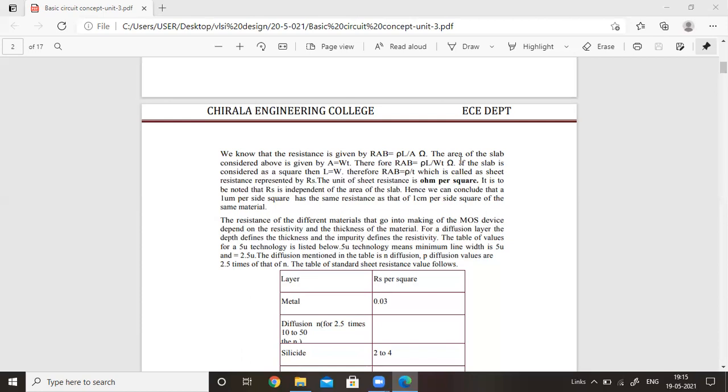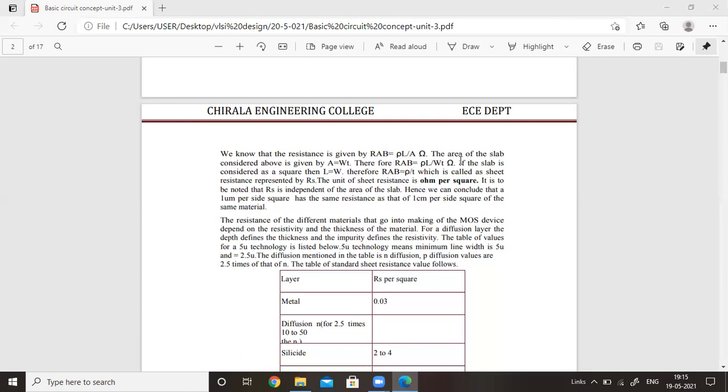The resistivity depends upon the impurity material, because we add impurities to the pure semiconductor to increase the conductivity. Increasing conductivity means resistivity will decrease. Decreasing impurity material means resistivity will increase.